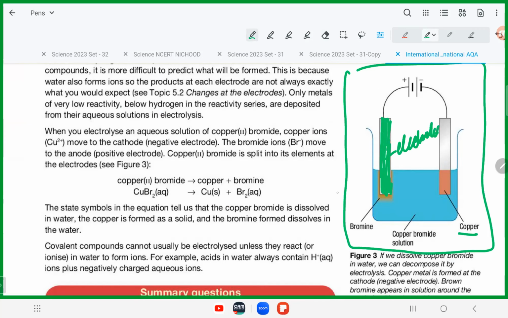The one which is attached to the positive terminal is called the anode. The one which is attached to the negative terminal is called the cathode. That you read out. Both electrodes are connected with the battery, and they are dipped into the electrolyte.